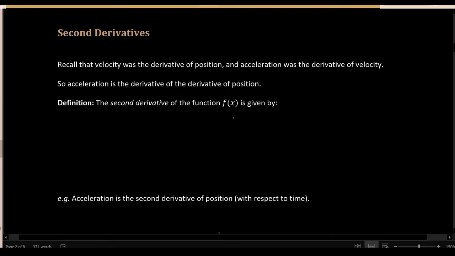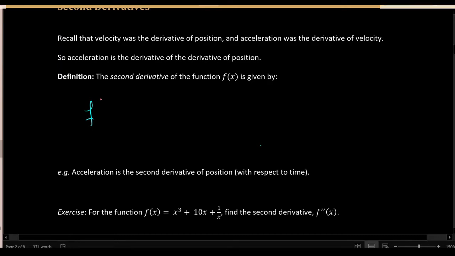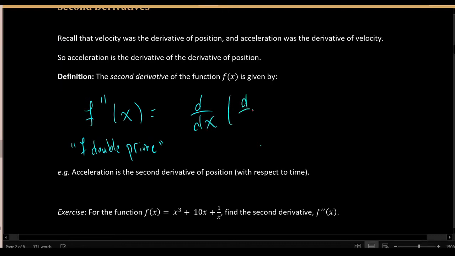The second derivative of a function f of x is denoted by f with two primes. This is sometimes called f double prime. f double prime of x is just the derivative of the function f prime of x.